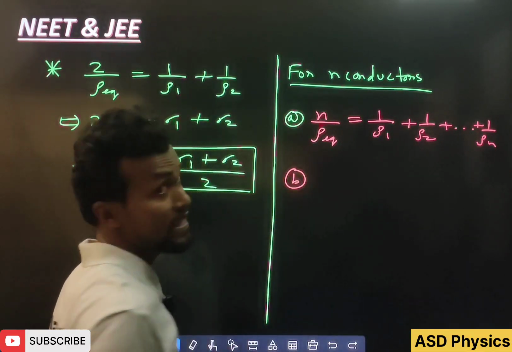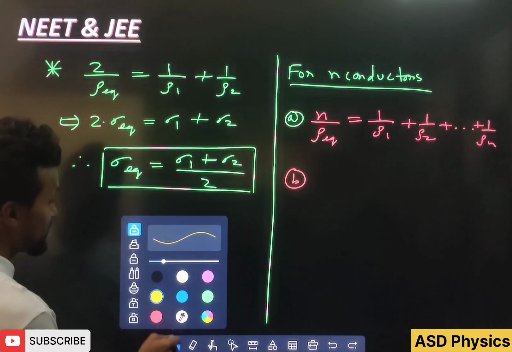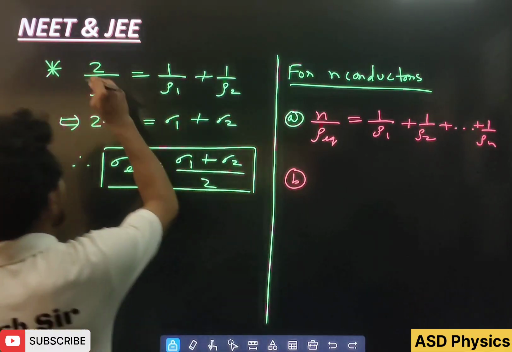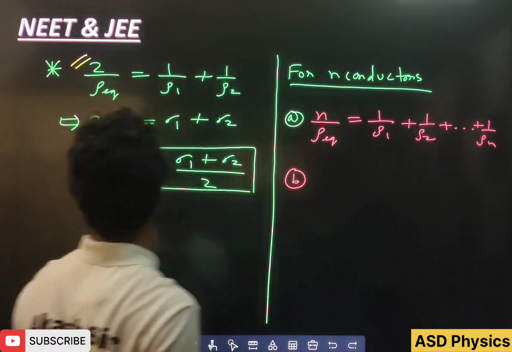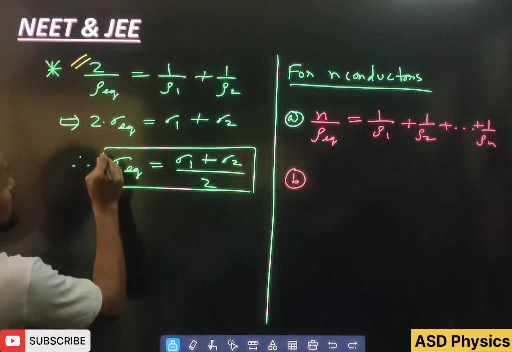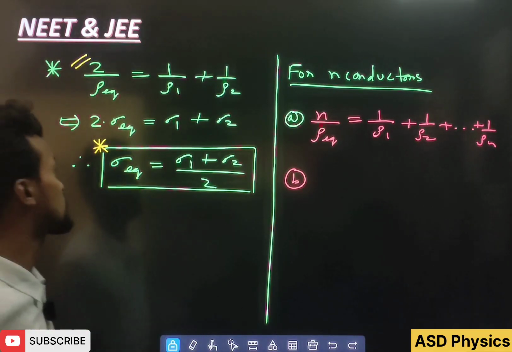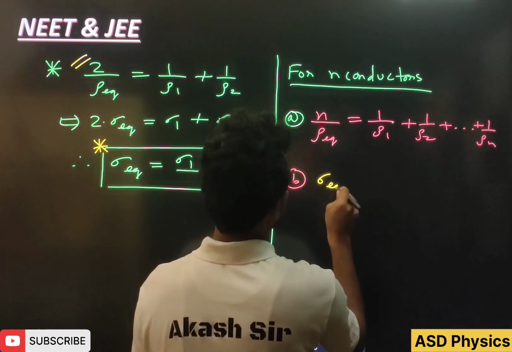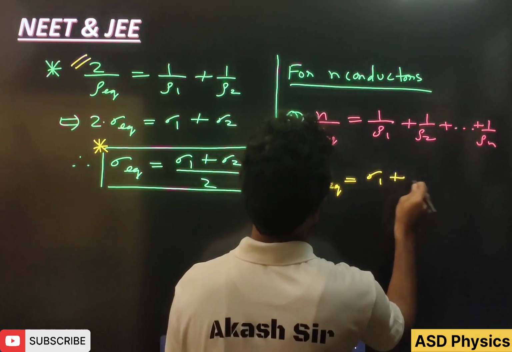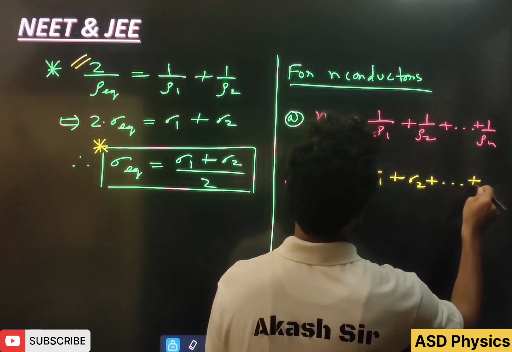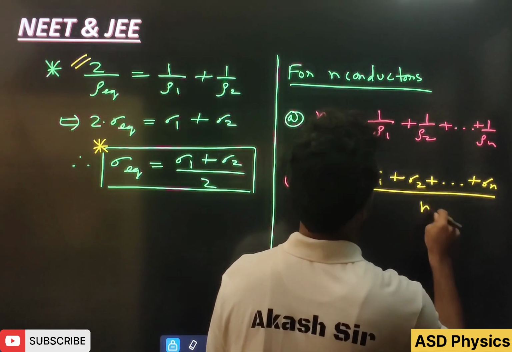And for the conductivity, taking the example from here, sigma equivalent is equal to sigma 1 plus sigma 2 plus dot dot dot plus sigma n, by n.